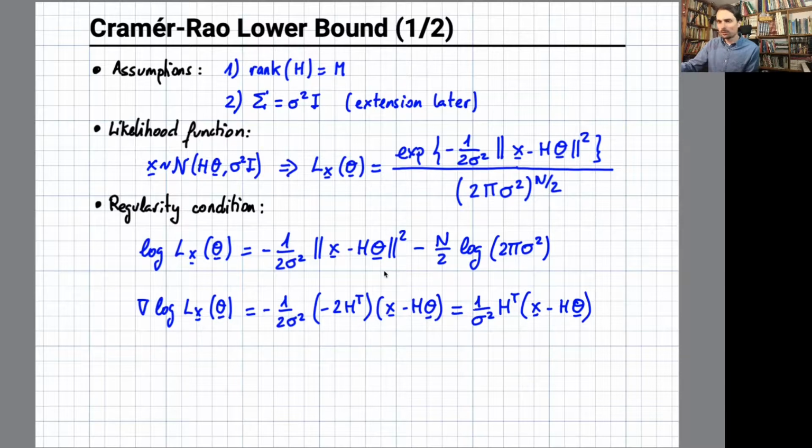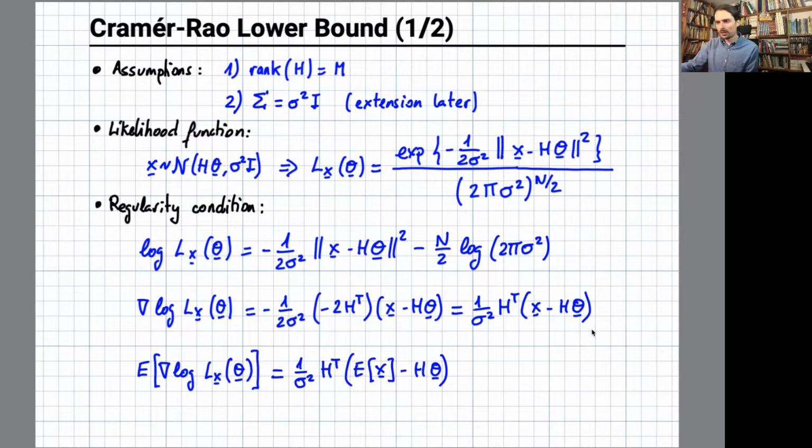Again, if you are not comfortable with the chain rule, there's material in the shared folder where these slides can be found, and that material explains the Jacobians, gradients, Hessians, the chain rule, and so on. So after simplification, we obtain this expression.